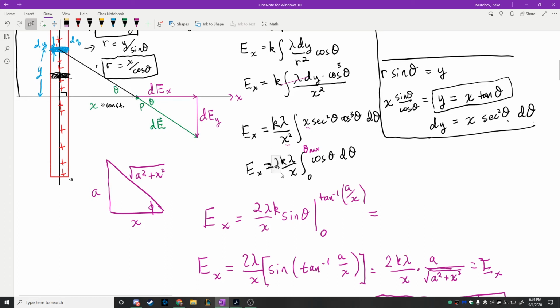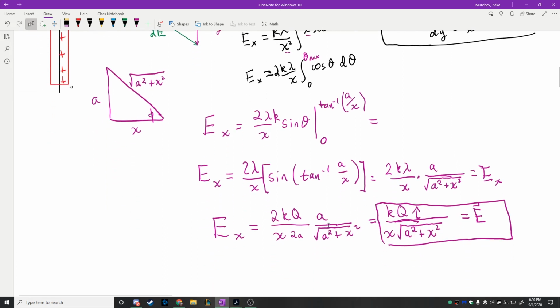So if I had not put this in here, what I would have had to do is put negative theta max to positive theta max. Instead, I did 0 to theta max and then doubled it. The last two down here, in case that's what you're asking about, came from the definition of what lambda itself is. Lambda is equal to q over 2a. So they ended up canceling out.